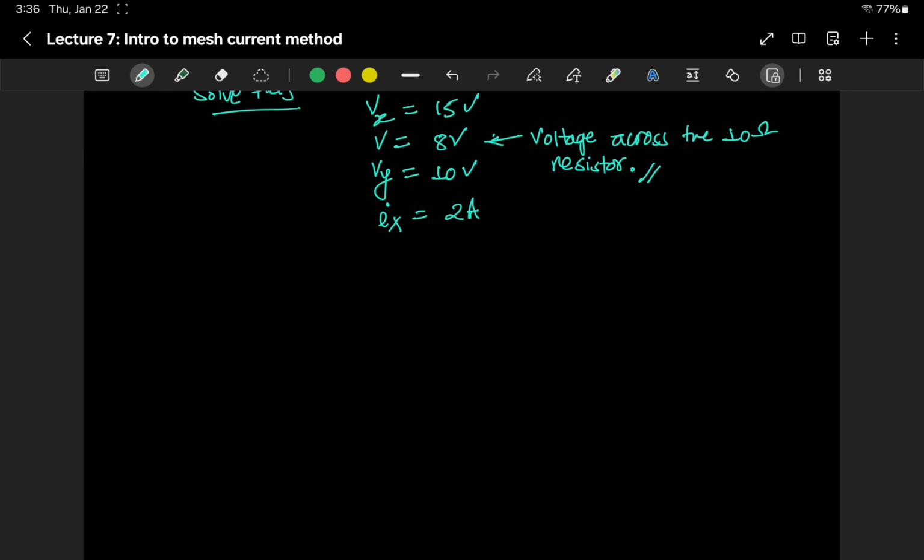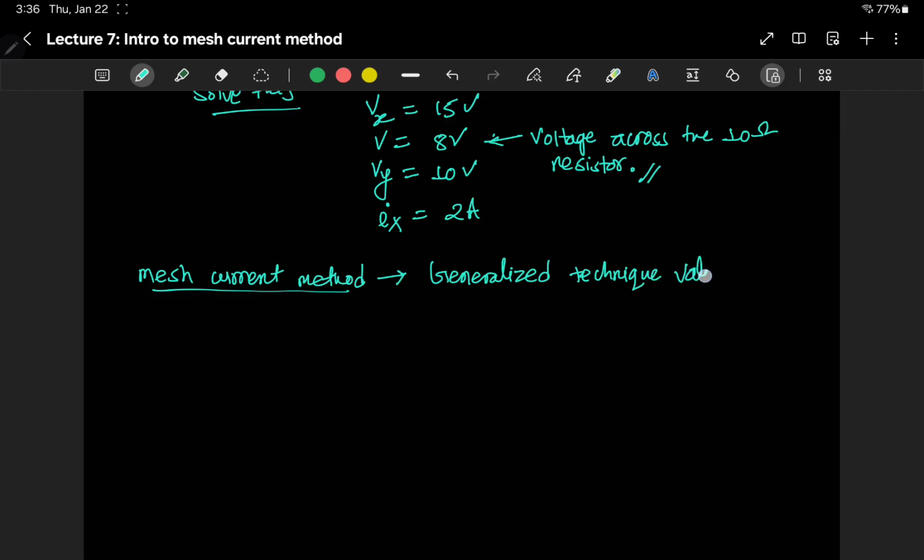The mesh current method is a generalized technique which is valid for planar circuits. So this is a very special condition.